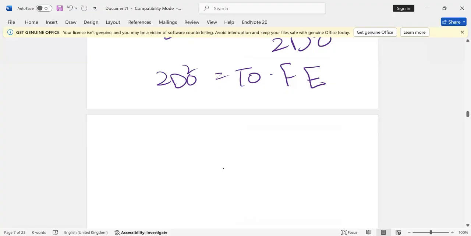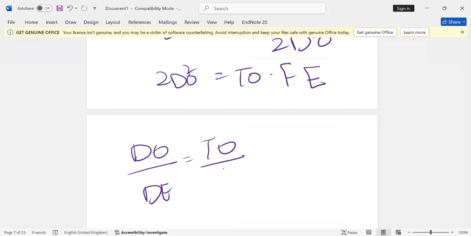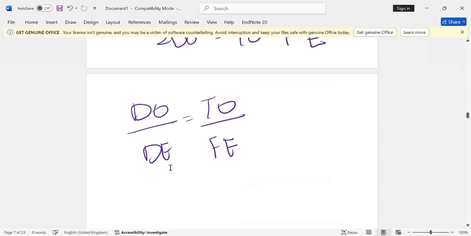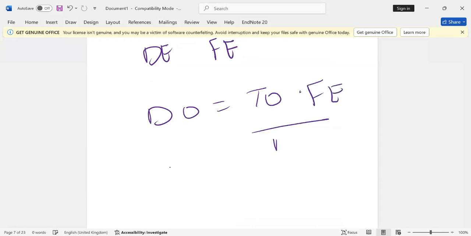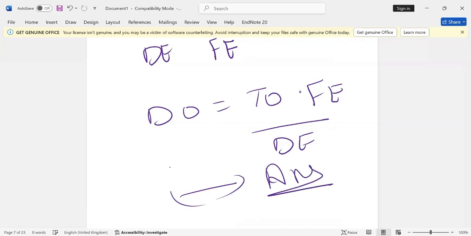So assuming the question meant DO equals TO dot FE by DE, we say that DO equals TO dot FE by DE, and this is the required answer that we have to find out in this question. Thank you.